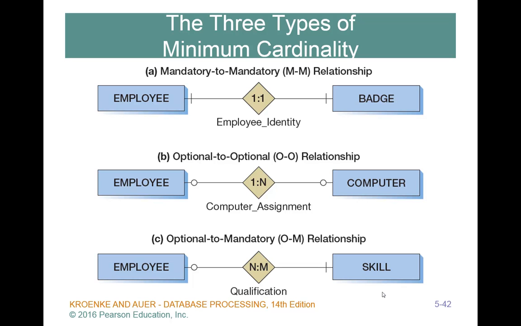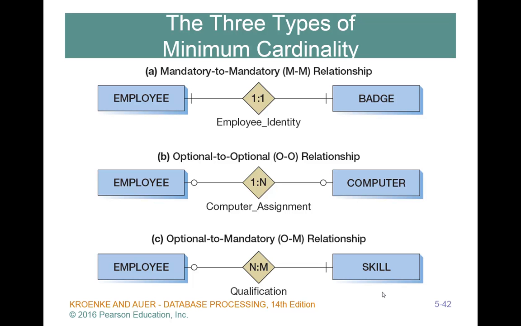So here's an example of the three types of minimum cardinality and how you would see them again in the original ER model using shapes and diamonds. Our maximum cardinality is indicated in the diamonds, and then our minimum cardinality is indicated with the shapes closest to the entity.